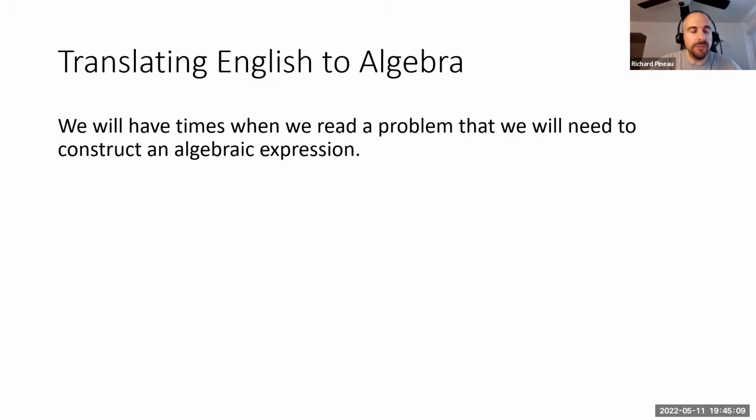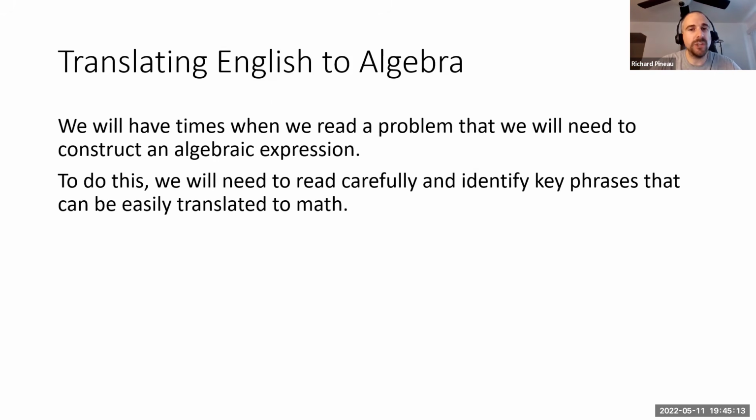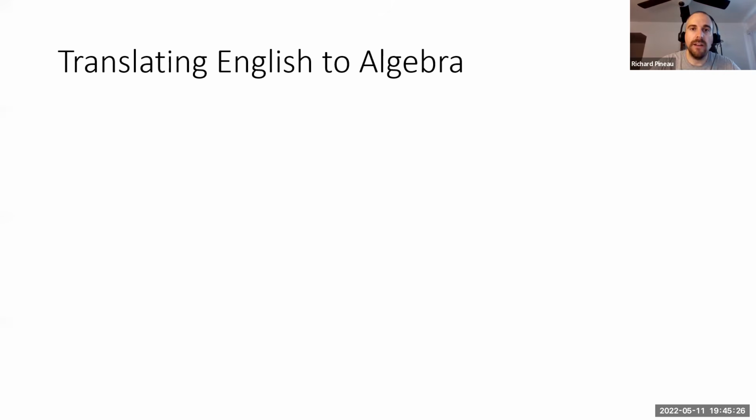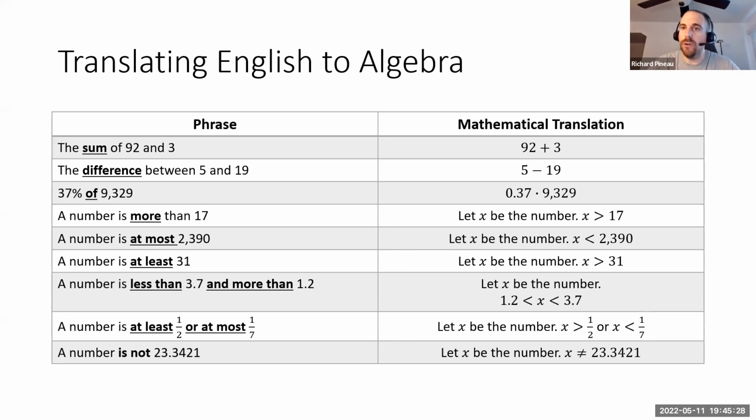So you will have to read a problem and then construct an algebraic expression. We have to make sure that we read carefully and identify the key phrases that can easily be translated to math. So when you're reading these problems in the statistics homework, make sure you look for the phrases that we are about to talk about as presented in this wonderful chart.